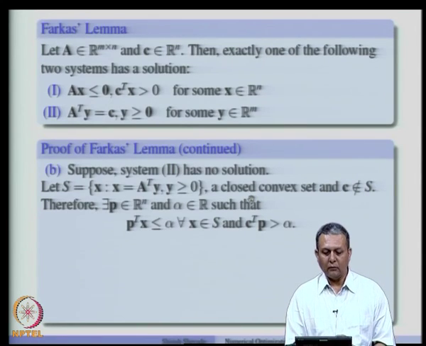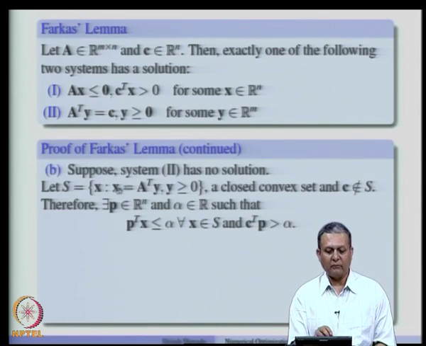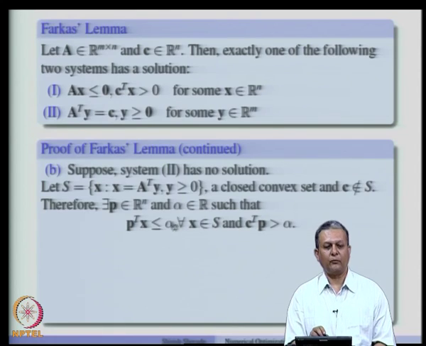Okay. Now, if you look at the definition of S, y is greater than or equal to 0. So, when y equals 0, x becomes 0. That means that the origin always belongs to the set S. Now, if you look at this inequality, P transpose x less than or equal to alpha for all x belonging to S. Since the origin belongs to S, if I substitute x equal to 0 here, what we get is that alpha is greater than or equal to 0, right.